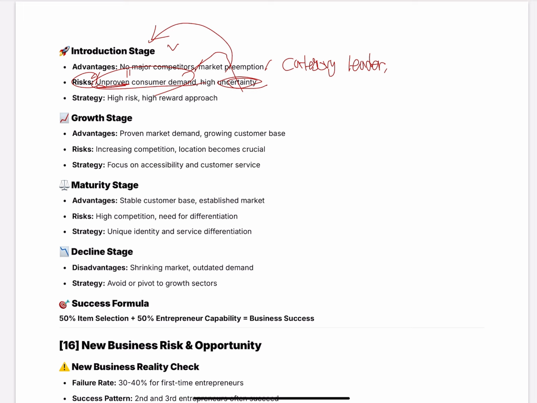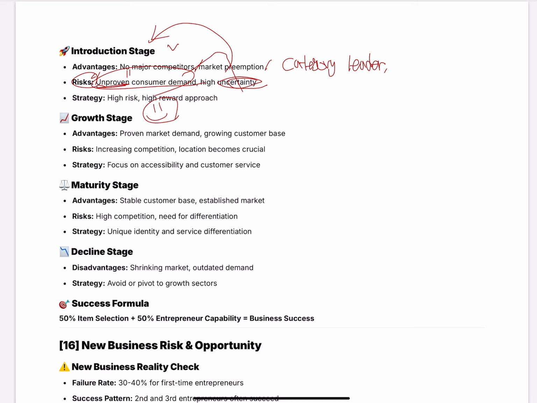Then the next stage is the growth stage, and this stage is often the sweet spot for entrepreneurs. Market demand has been proven by the pioneers, and you have a growing customer base to serve. However, competition is increasing as others see the opportunity.